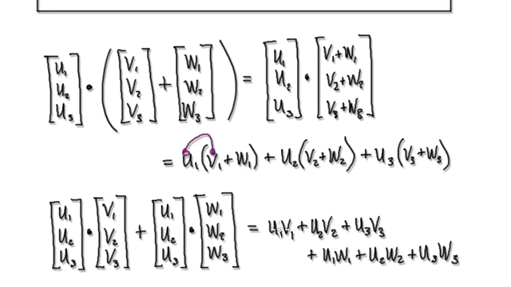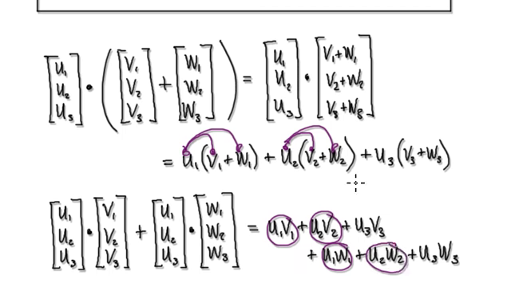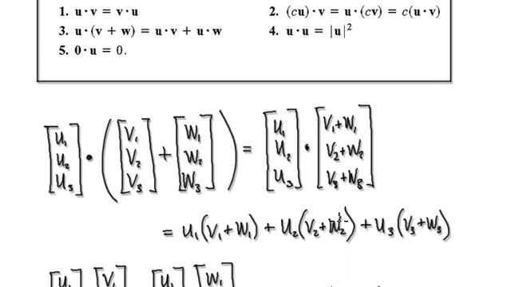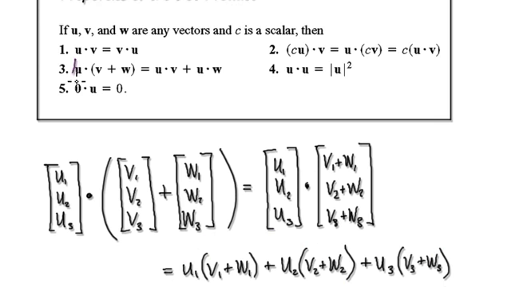So this times this will be the same as this, and this times this will be the same as this, and so on. So you can see that this is exactly the same as this. So going back to here, you can see that doing it this way will lead you to the same answer as this. So these are the same.